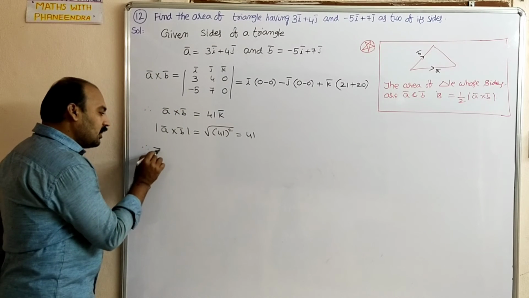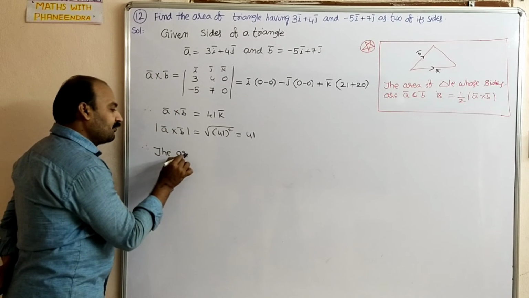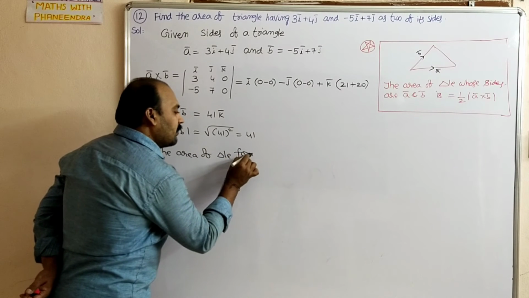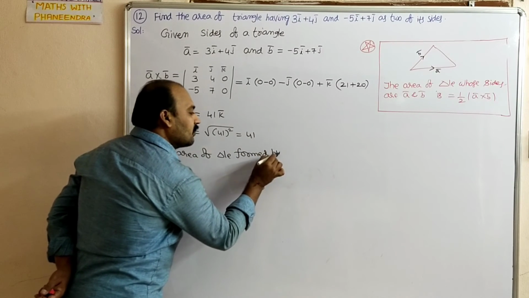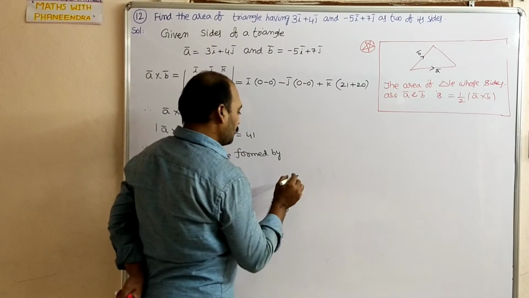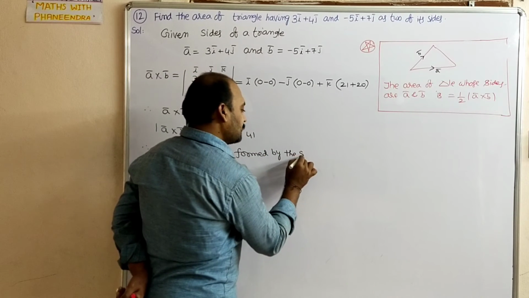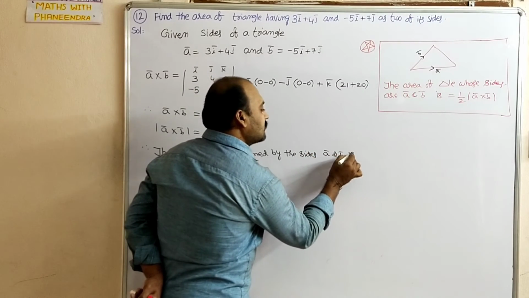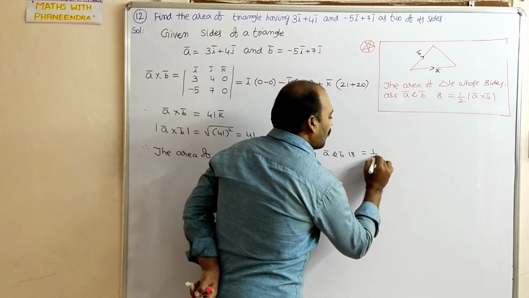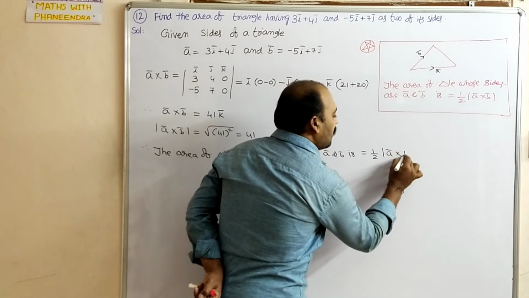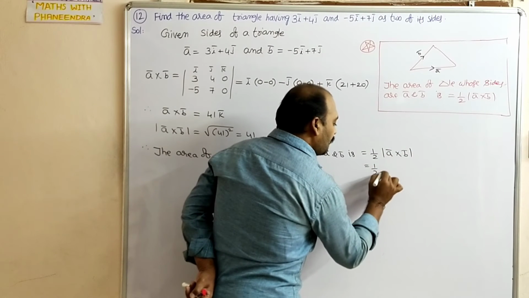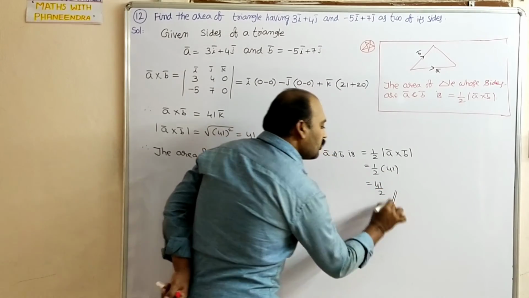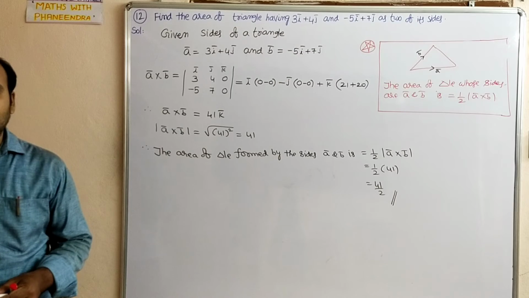Now you write the formula. The area of the triangle formed by the sides A bar and B bar is half into mod A bar cross B bar, which is equal to half into this value 41, therefore 41 by 2 units. We will move to the next question now.